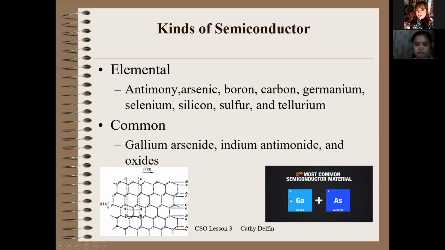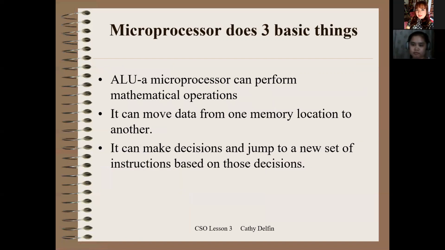We also have these common kinds of semiconductor. It includes gallium arsenide, indium antimonide, and oxide. That is why the diagram says Ga plus As. So those are our elements that combine and can attract electrons.